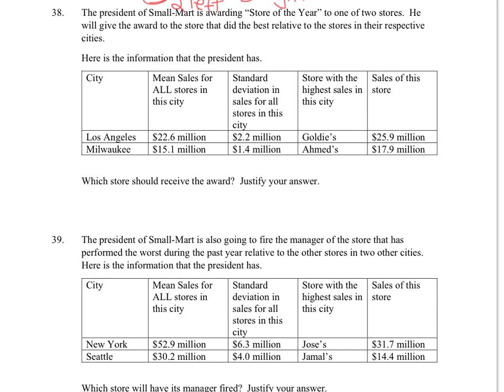So to compare these stores, I'm going to calculate z-scores for both. So we've got Goldie's. So their z-score is 25.9 minus 22.6 over the standard deviation of 2.2, and that gives us a z-score of 1.5.